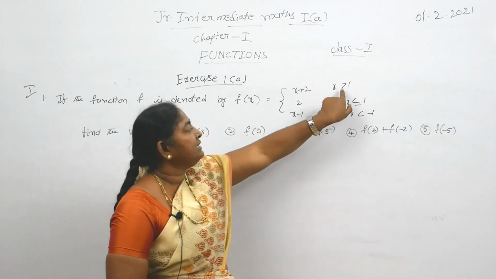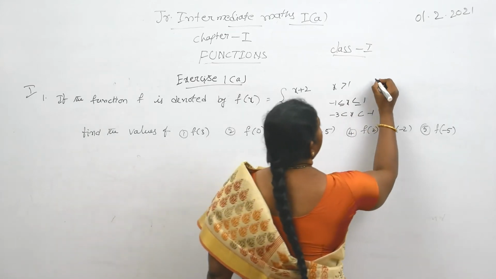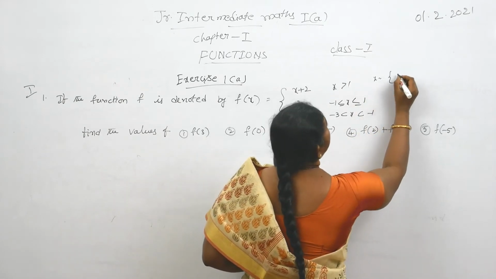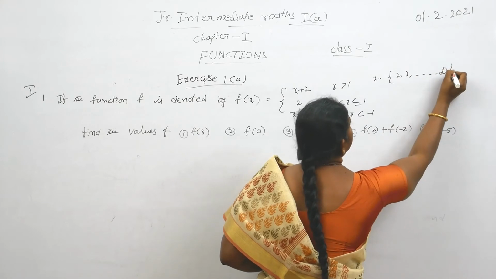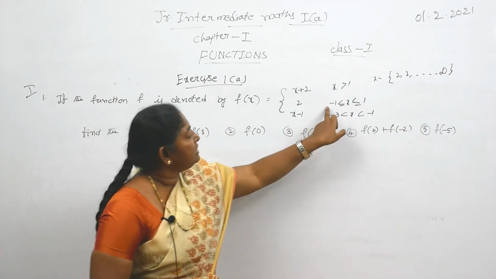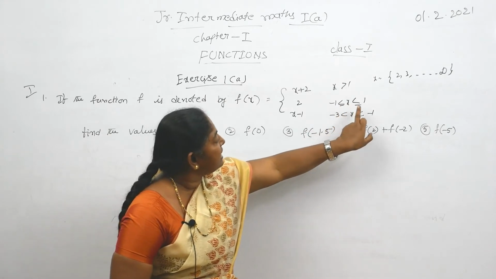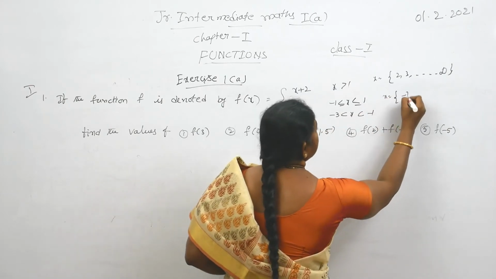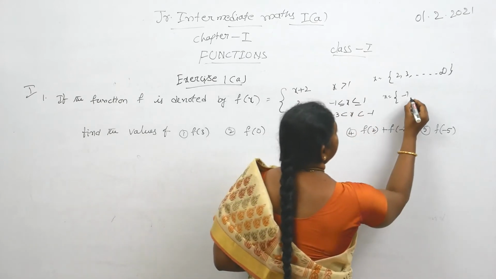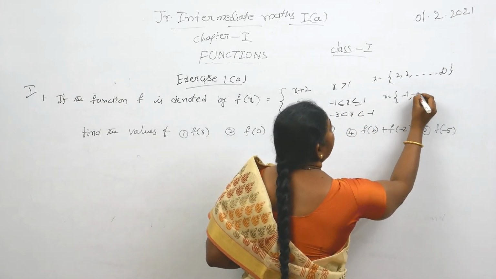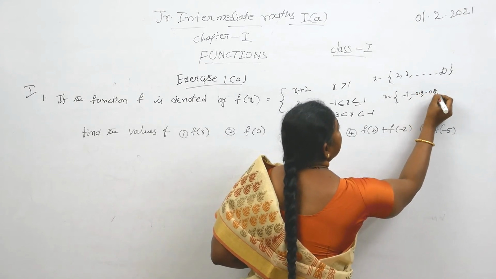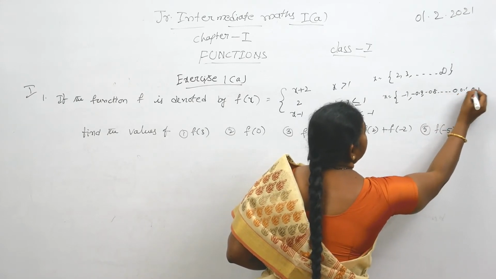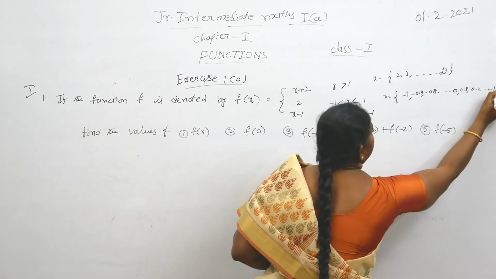X plus 2 when x is greater than 1. Greater than 1 means we take all positive numbers, 2, 3, and so on, infinitely many. And for the condition minus 1 is less than or equal to x is less than or equal to 1, x equal to minus 1 is included, so minus 1 we also have to take, then minus 0.9, minus 0.8, like this 0, and 0.1, 0.2, up to 1.